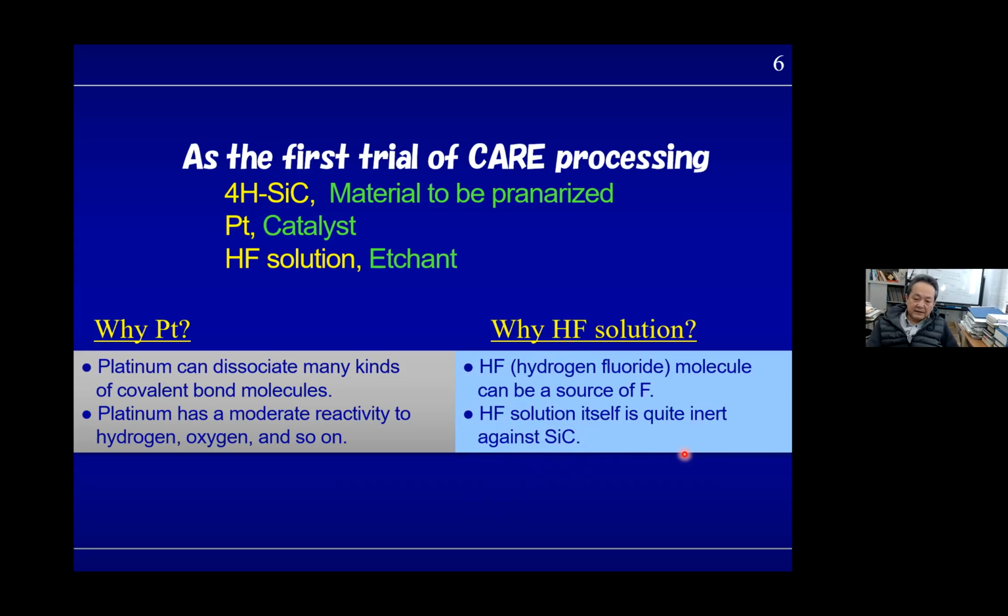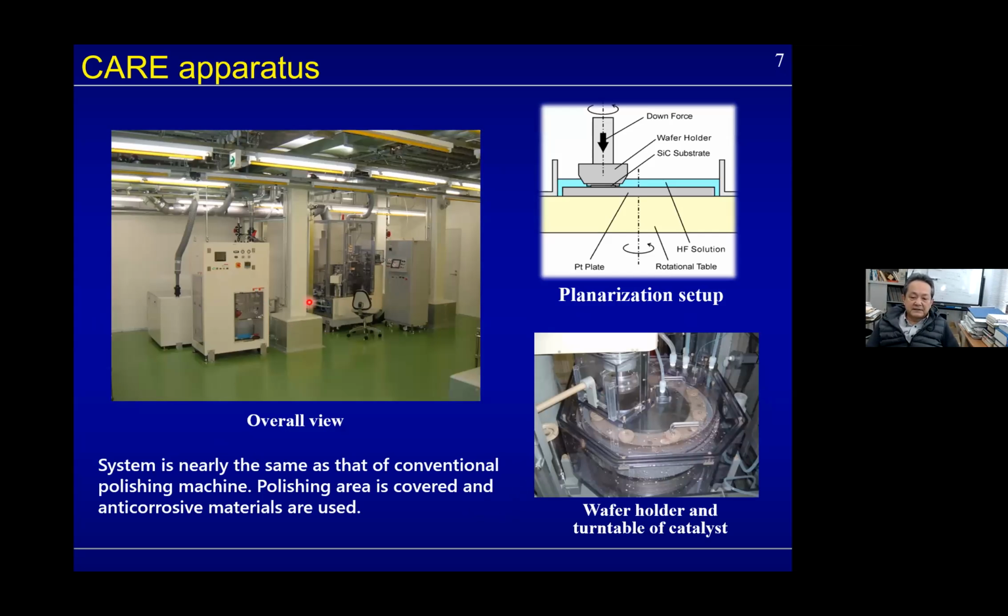And this is the CARE apparatus. Maybe you can imagine this system. This is a CARE process system, and it is nearly the same as a conventional polishing machine. This is a polishing part, and this is a sample, and the sample and the part move relatively.